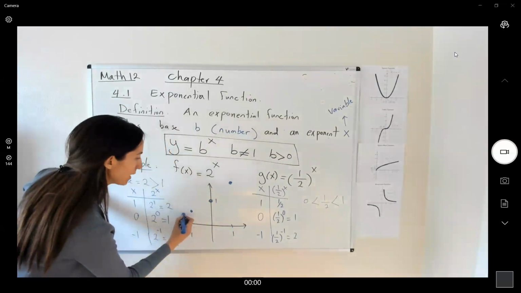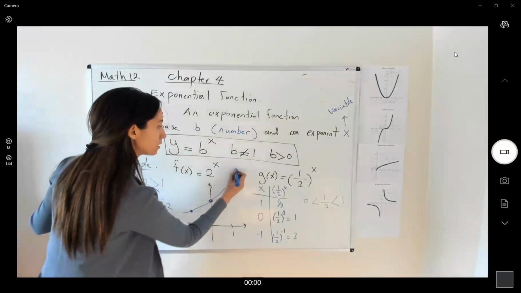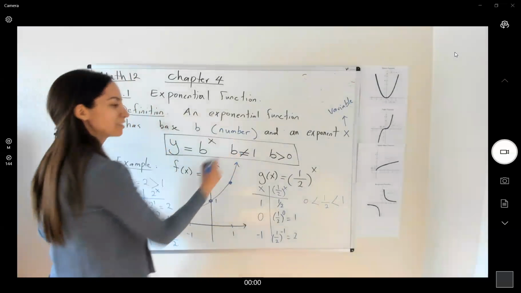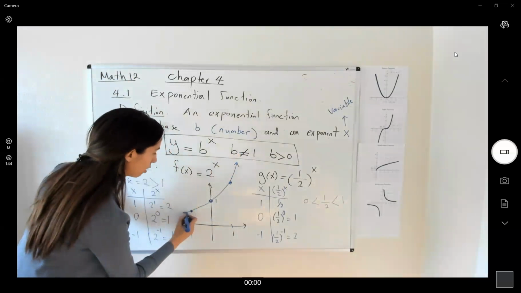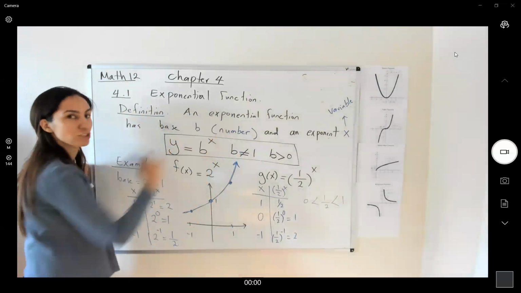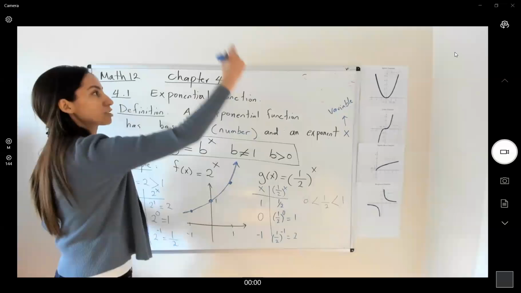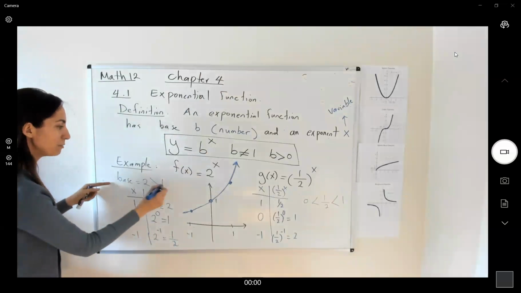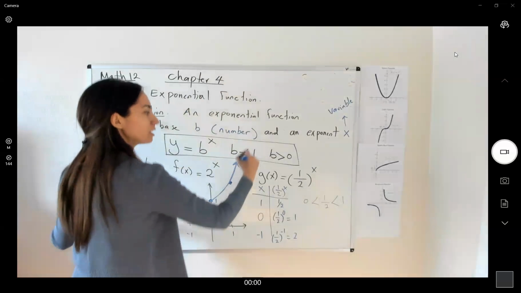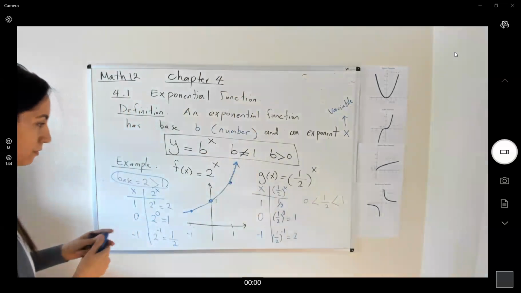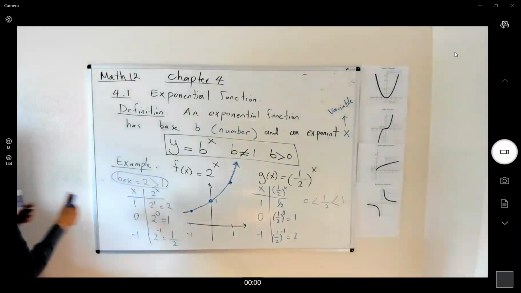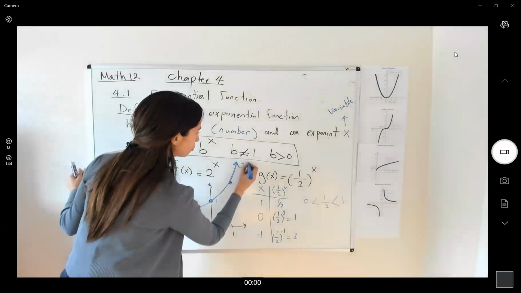If you connect these points, it's not a line, it's a curved function. It's not linear. That's why we call it an exponential function. This is just going up. So note that when the base is greater than 1, the function is increasing. So this is 2 to the x.